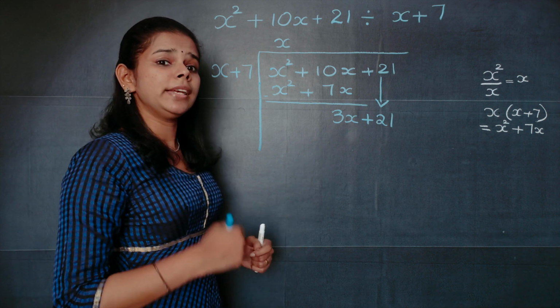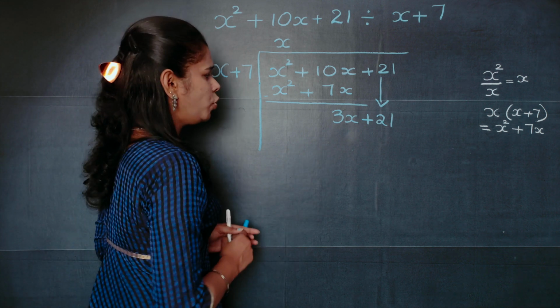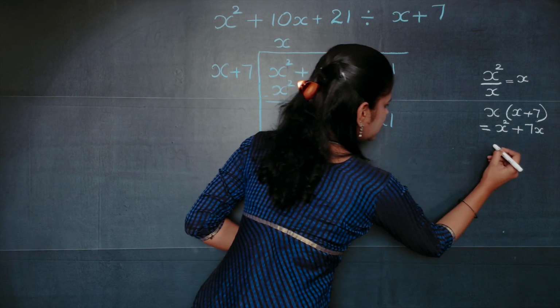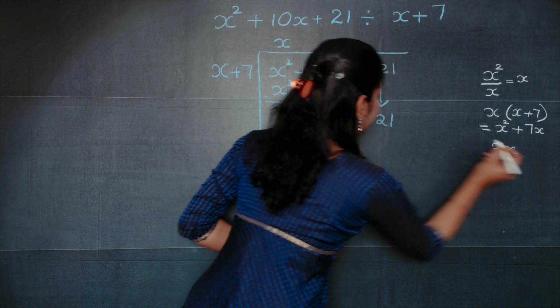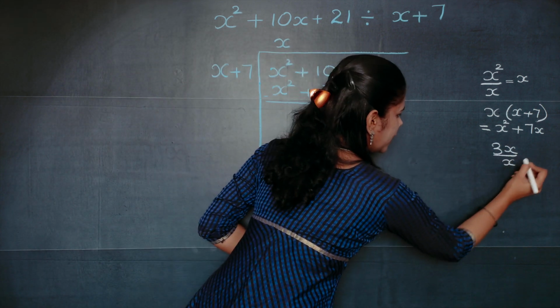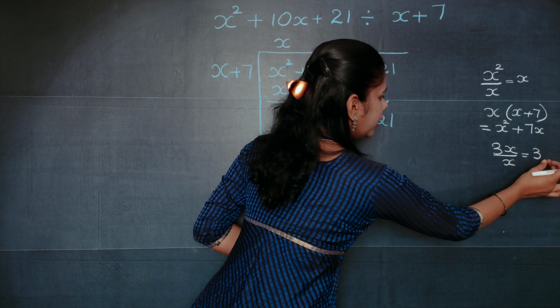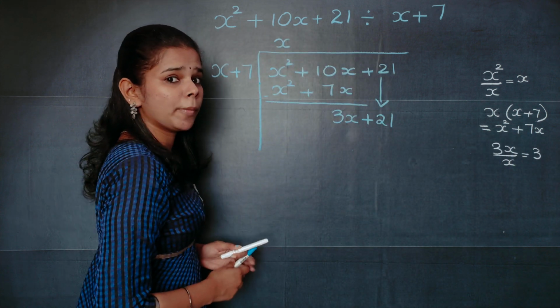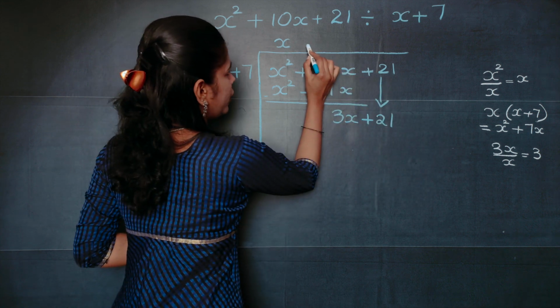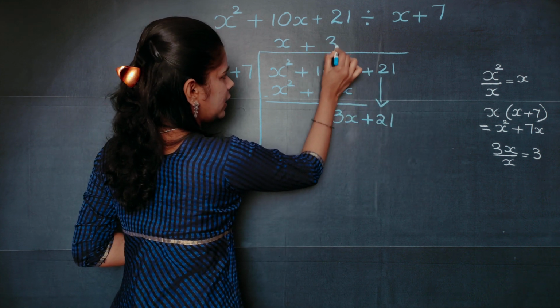Now to get the next term of the quotient, what should you do? You should take the first term of this new dividend, that is 3x, divided by the first term of the divisor. So 3x by x is equal to 3, and this 3 will be your next term of the quotient. So it is positive 3, so you will write plus 3 here.